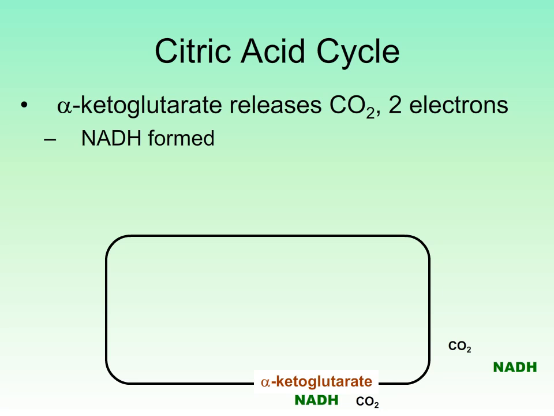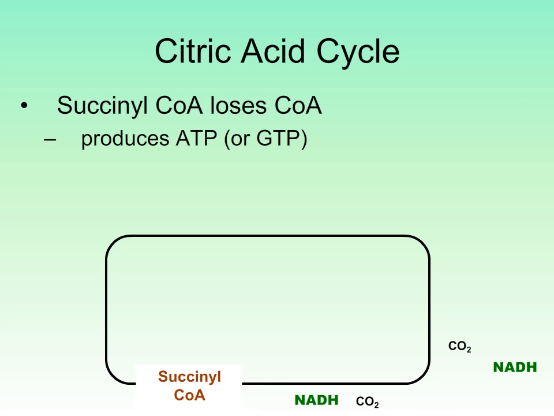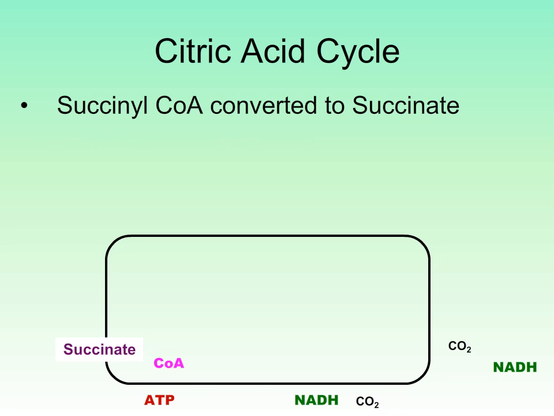Alpha-ketoglutarate releases carbon dioxide and electrons to make a molecule of NADH. And the addition of a molecule of coenzyme A results in the formation of succinyl-CoA. When succinyl-CoA loses the coenzyme A, a molecule of ATP is created. In some types of cells, GTP is created, which is an energy-carrying molecule like ATP. Then succinate is formed.